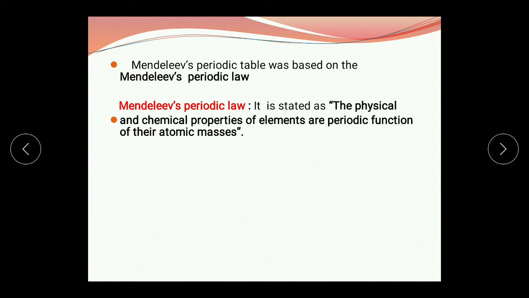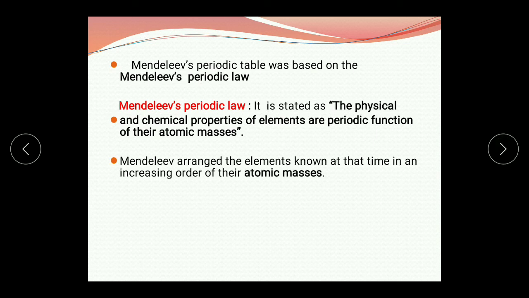Understood? What is meant by periodic function? After some period, a property repeats, or after some elements, a new element with similar property reoccurs. And hence, the name given to this table is periodic table and the law is periodic law.